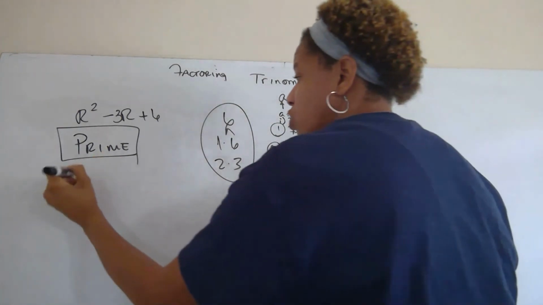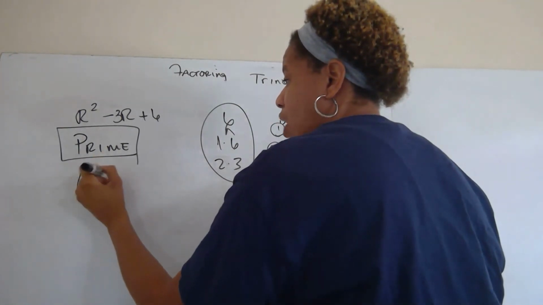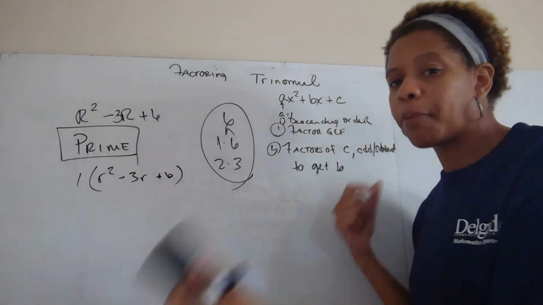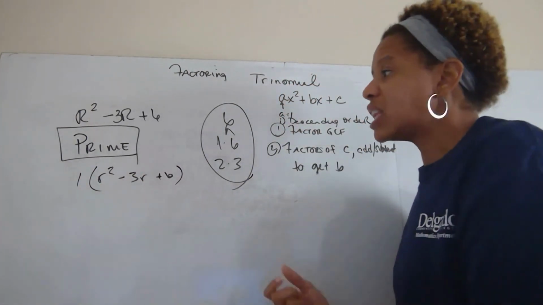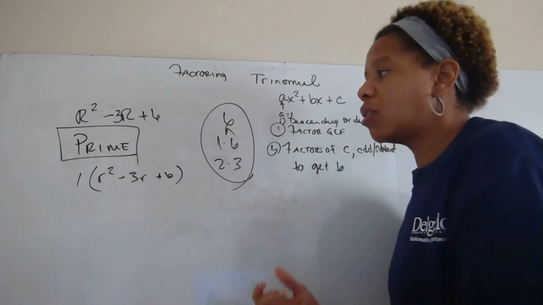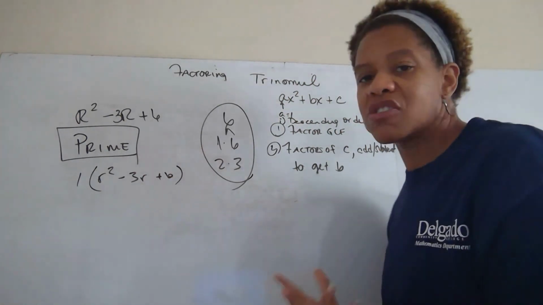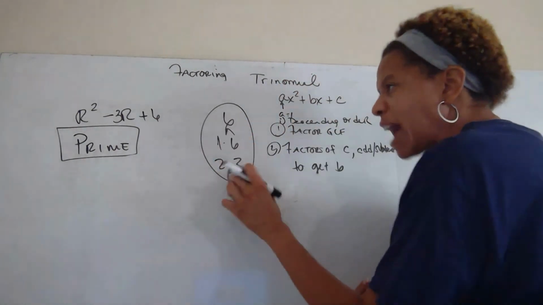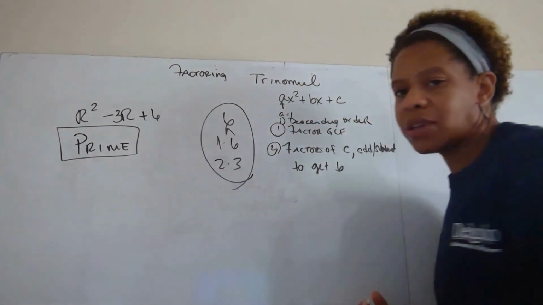The only thing you can do is multiply it by 1. There's nothing that distributed, multiplied out, or FOILed out creates this trinomial. This trinomial is prime because there are no factors of 6 that will ever create a 3.